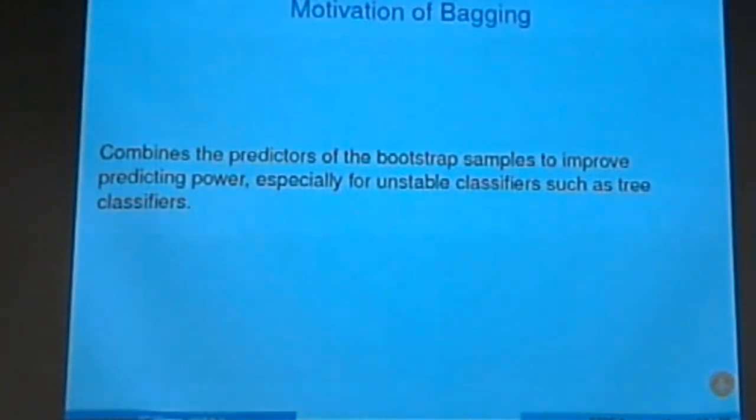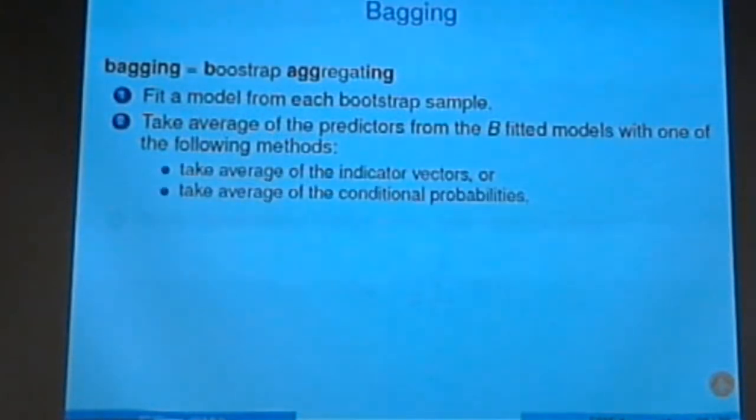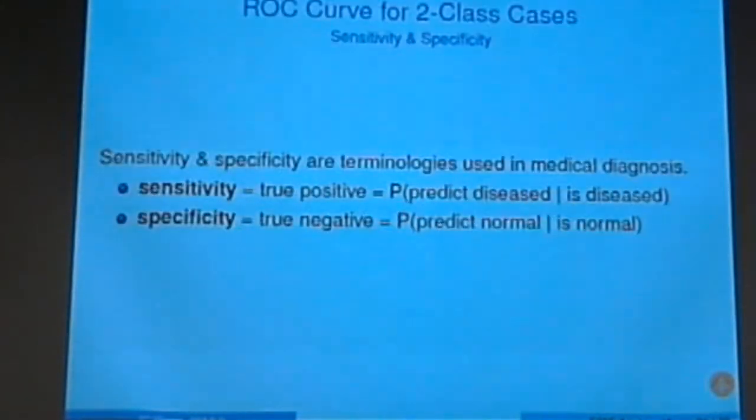I'm going to skip some of this for now, because I'll talk about variable importance. When you have two classes, this is a way to find out variable importance without considering any model at all.